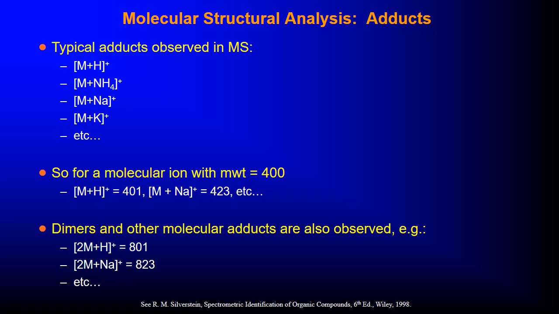So for a molecular ion with molecular weight equal to 400, we would expect the pattern provided there. If the molecule adducts with hydrogen, we will find 401. If it is with sodium, we add 23. Dimers and other molecular adducts are also observed, as you can see.